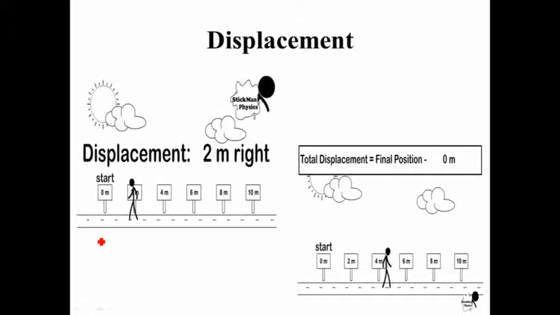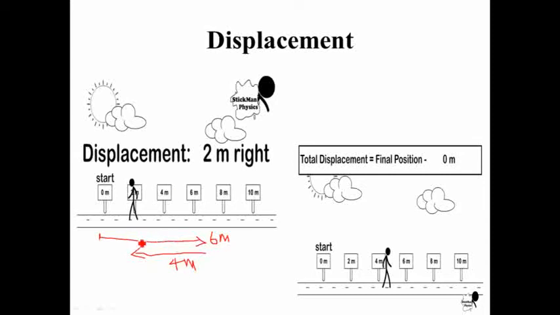So the person starts from this position 0 meter and walks over till 6 meter in one particular direction. So let it be 6 meter, and from this point he again starts to move back in the opposite direction. So he covers 4 meters in the opposite direction.